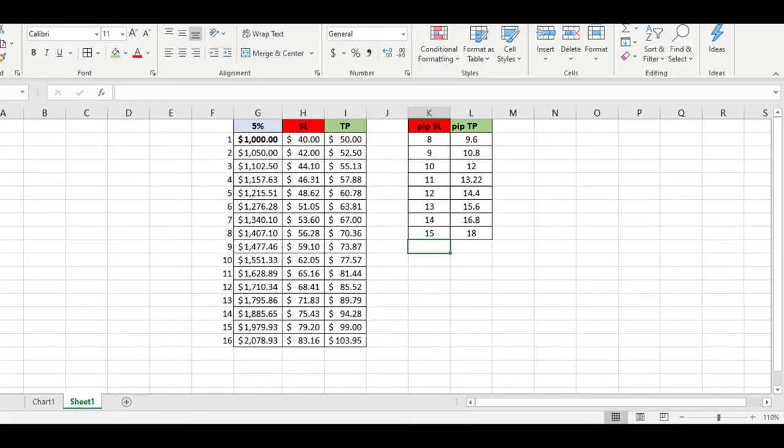So let's say our stop loss was about 17 pips, and our TP would have been at least about 19. But in this case, we're gonna go for more, and we're gonna be risking $40 in the first trade.